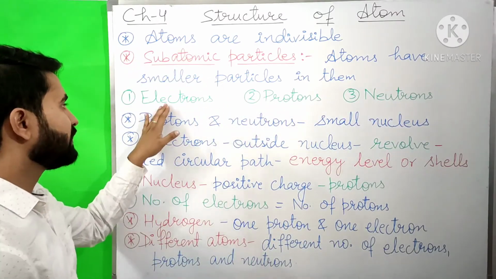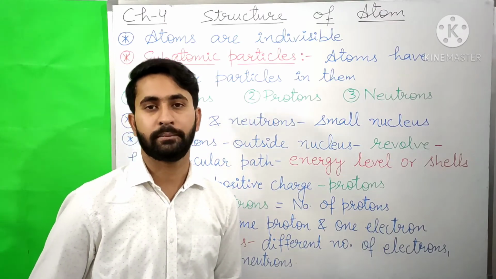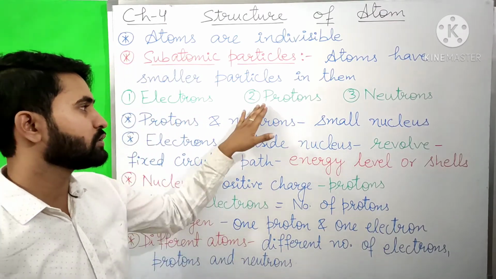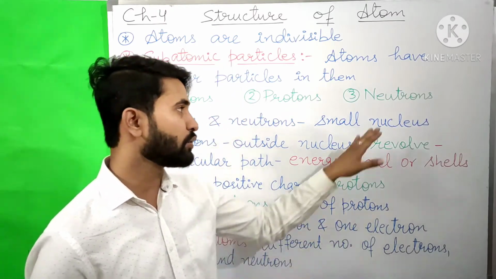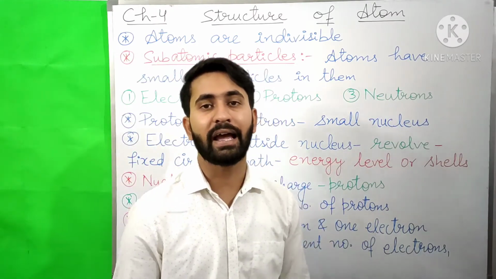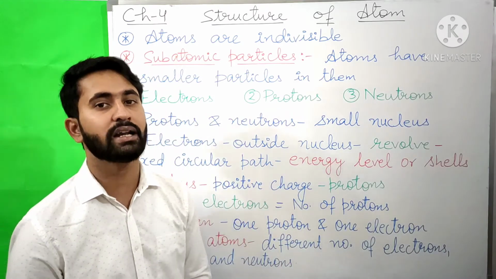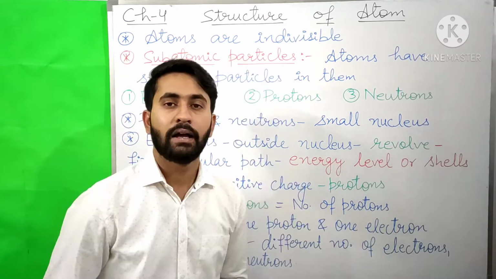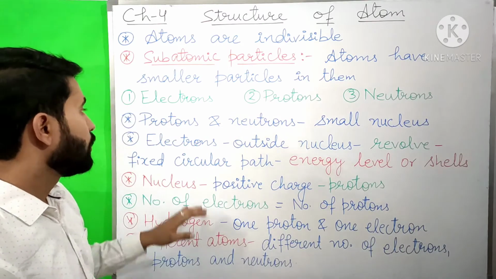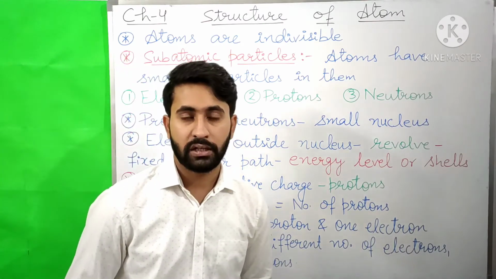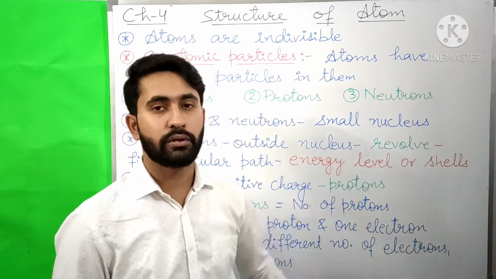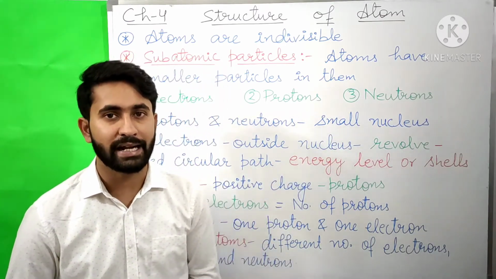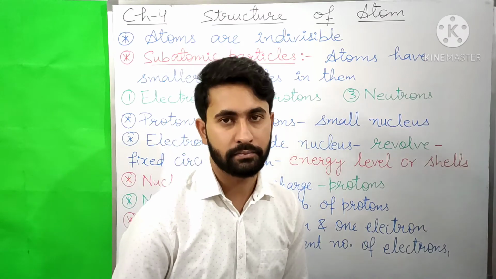Electrons have a negative charge, protons have a positive charge, and neutrons do not have any charge. They are electrically neutral. Inside an atom, protons and neutrons are located inside the small nucleus present at the center of the atom.